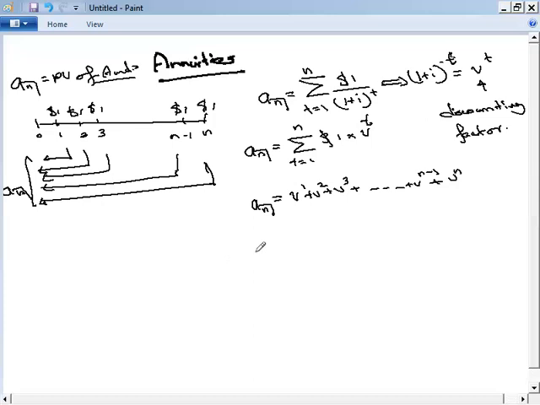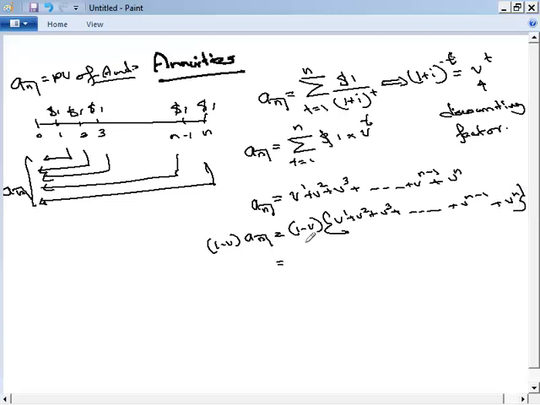So we can manipulate this formula. Since this is a series, we can find the summation of this series. We can simply multiply both sides by 1 minus v, and let's see what is happening. If we multiply this side also by 1 minus v, inside this bracket it's v^1, v^2, v^3, v^(n-1) up to v^n.